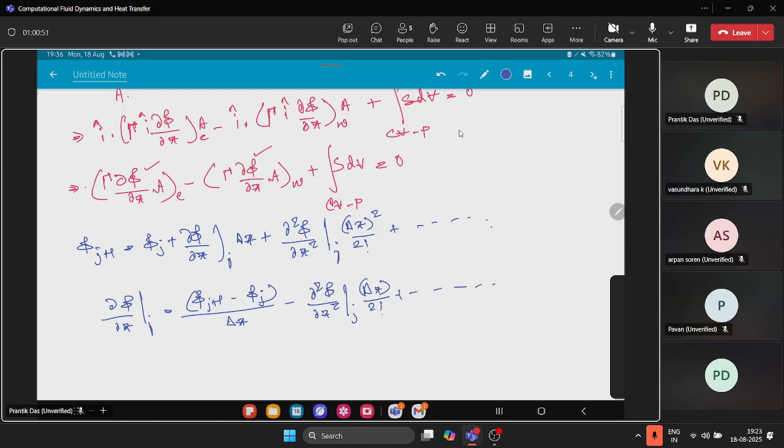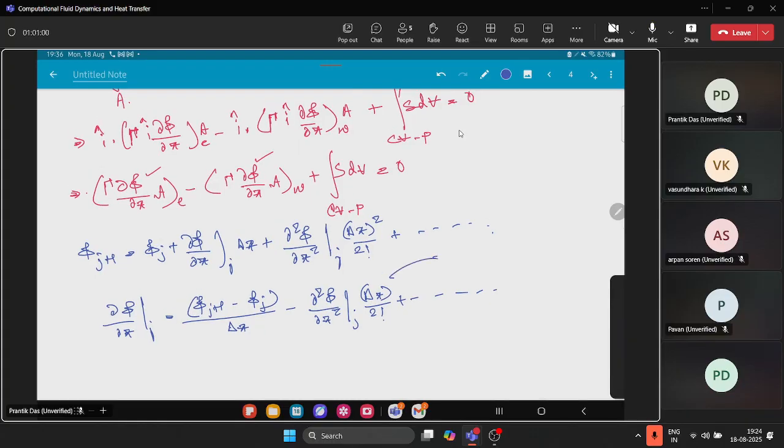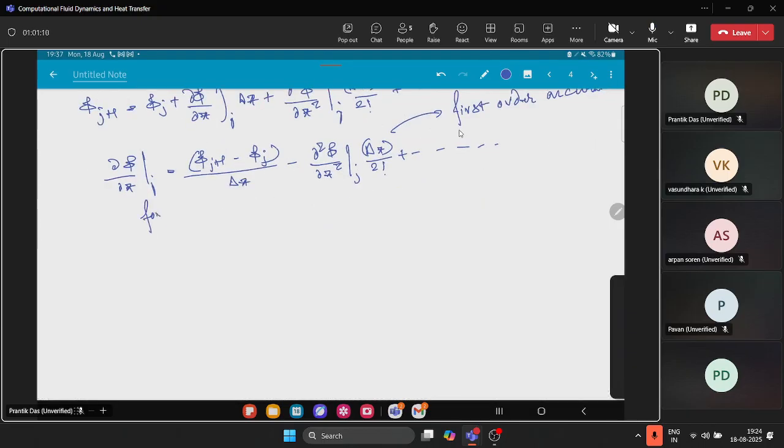Okay, so that's how you find out the derivative. Basically this is first order accurate. This is called the forward difference method, by the way.